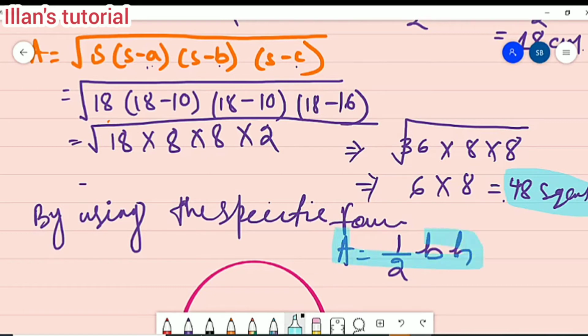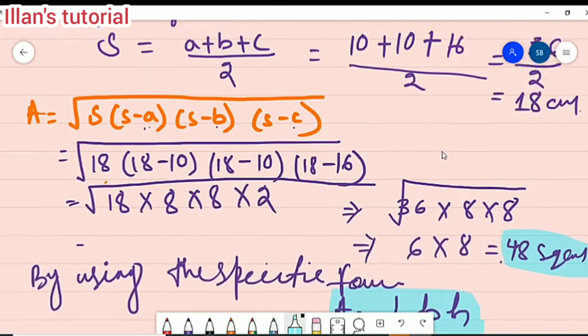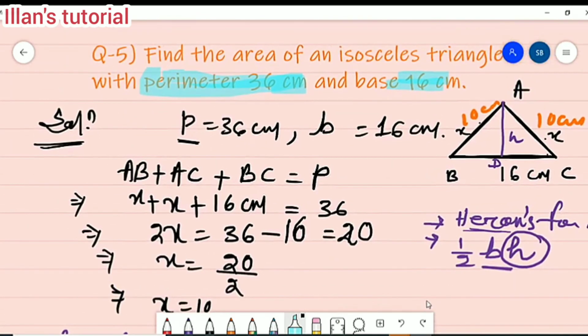Here we already have the base, which is 16, but we don't have H. So first of all we have to find out the value of H. So how will we get that value? For that you should look at this figure.